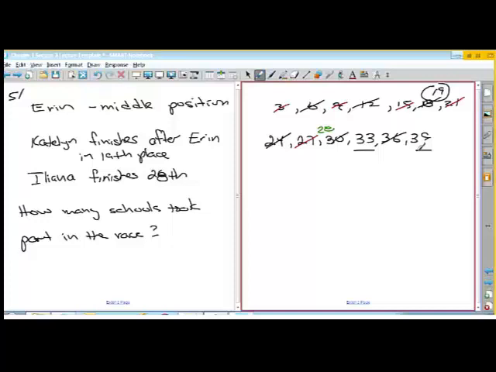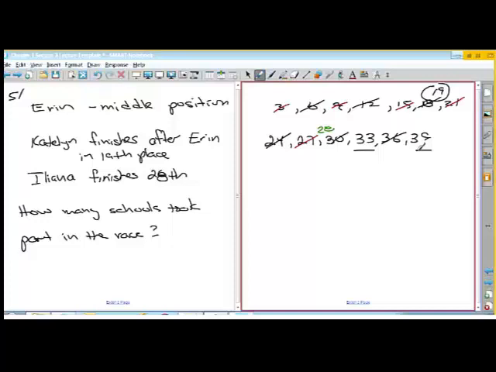So in that case, there's enough people, so the middle position places Aaron in the middle with Caitlin after Aaron in 19th place. And then the next position is Ileana, which is 28.